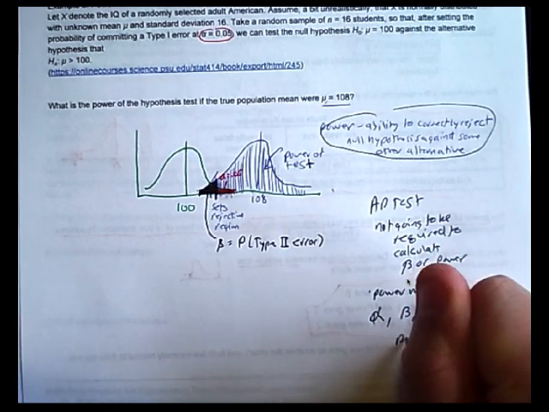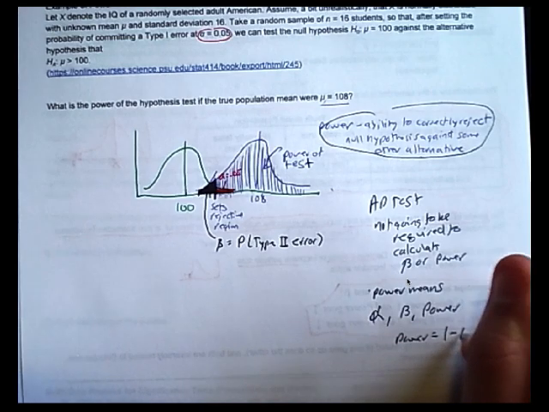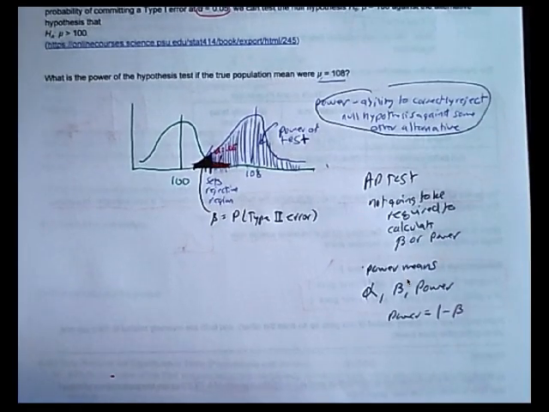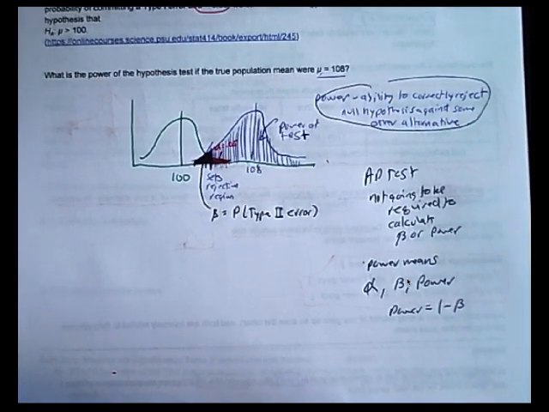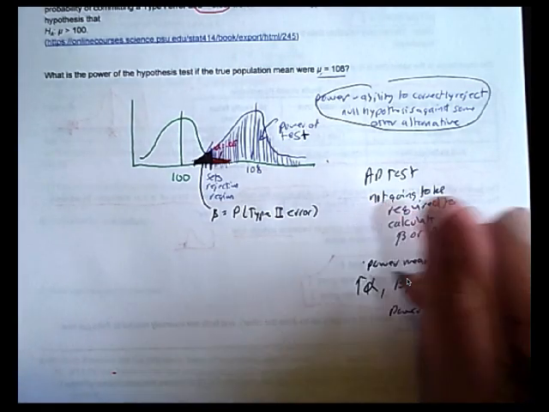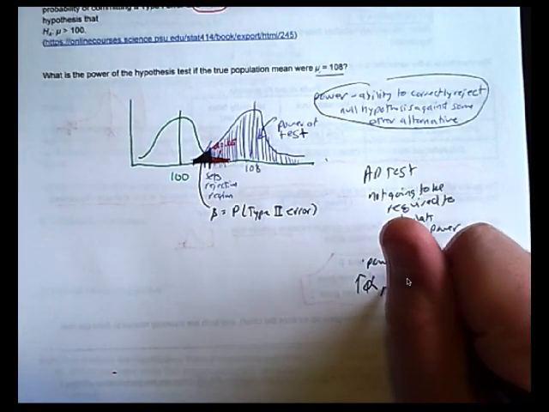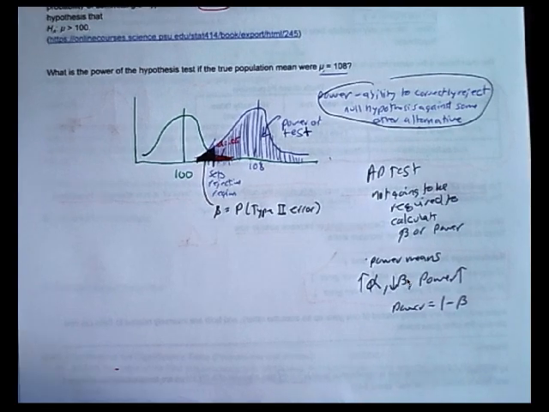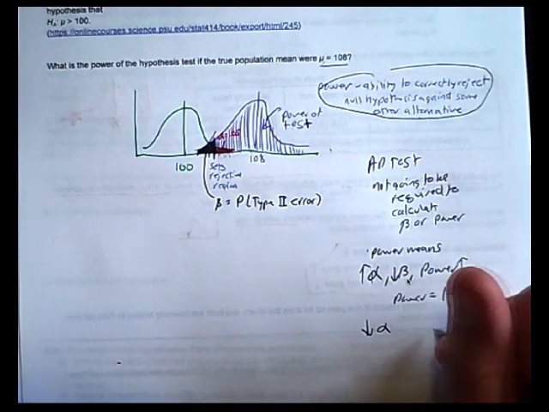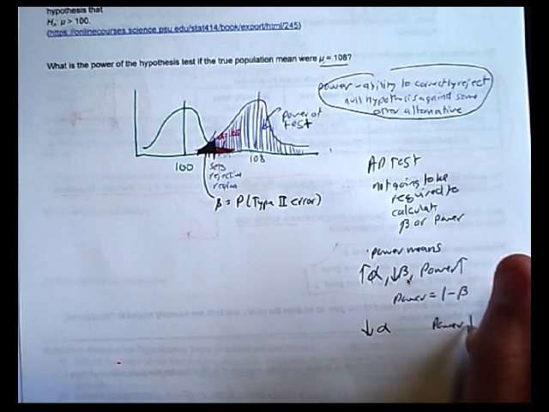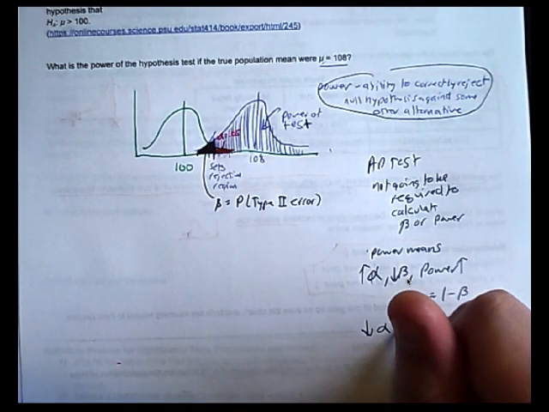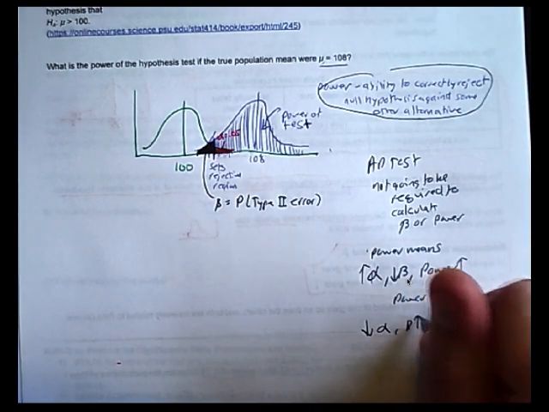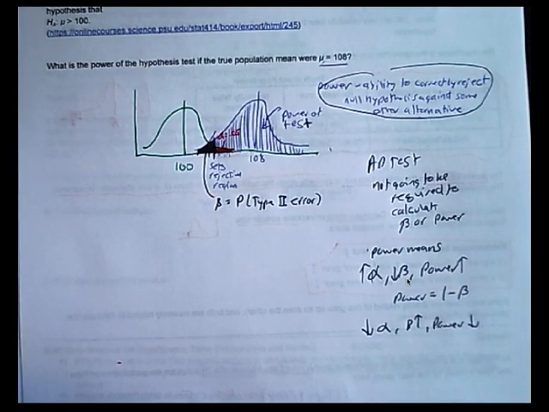You also have to know that power equals just 1 minus beta. So for instance, if alpha goes up, that means power will go up and beta will go down. And vice versa. If alpha goes down, power goes down, and that means beta goes up. Inverse relationships.